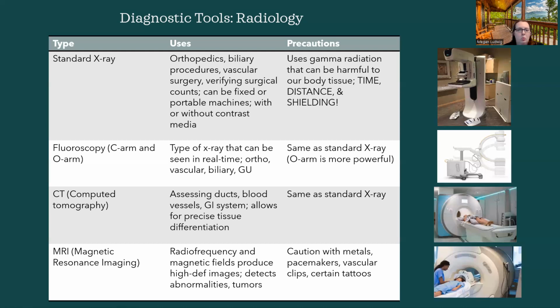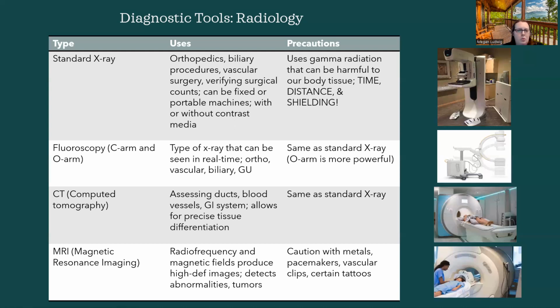There can be a lot of issues with that pertaining to stones or blockages that we need a good picture of. So X-ray and types of X-rays will help see that. Vascular, we need to see if there's any narrowing of the arteries or ballooning, like an aneurysm. Those will identify on an X-ray.